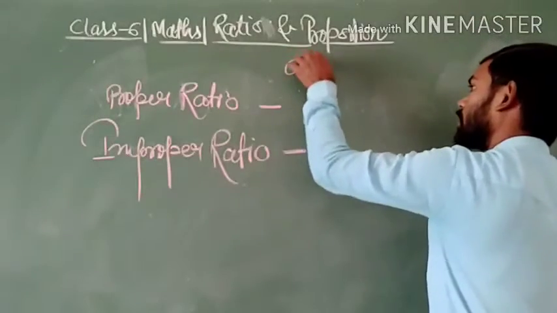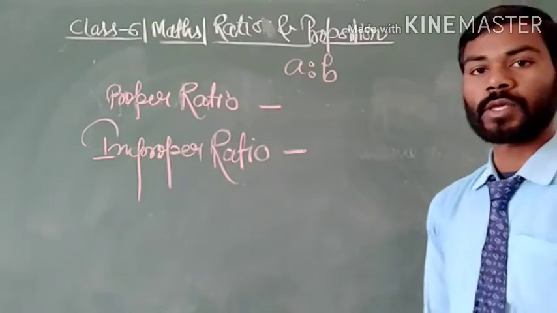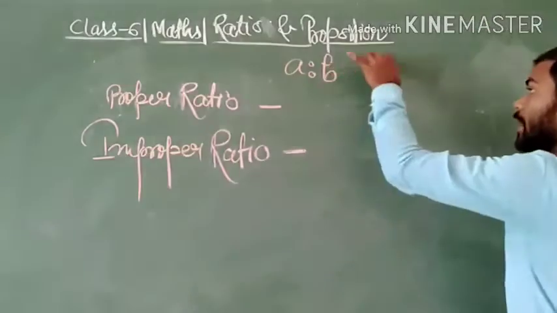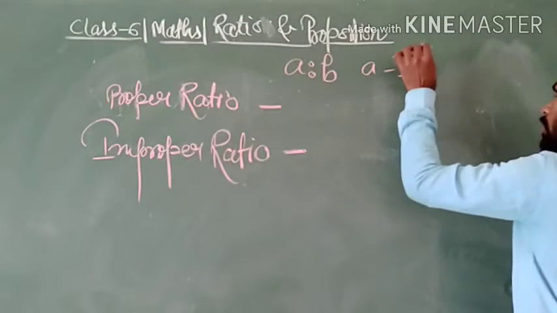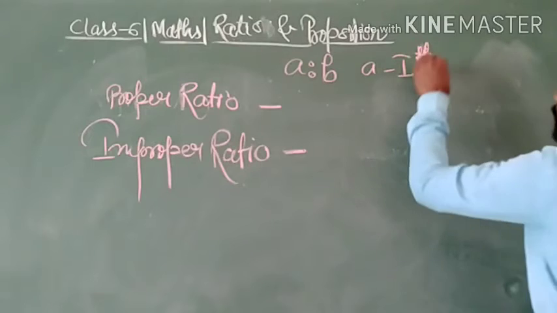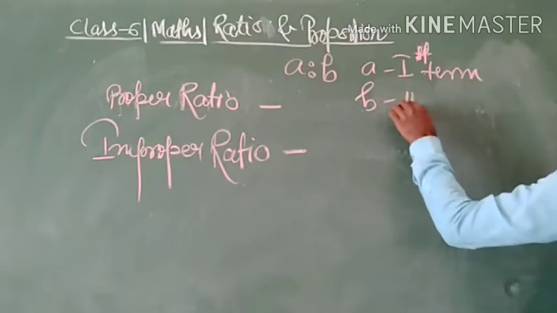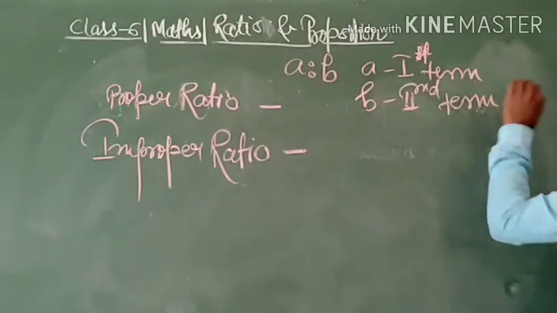Here, A is to B be a ratio, where A is called the first term and B is called the second term. Okay.